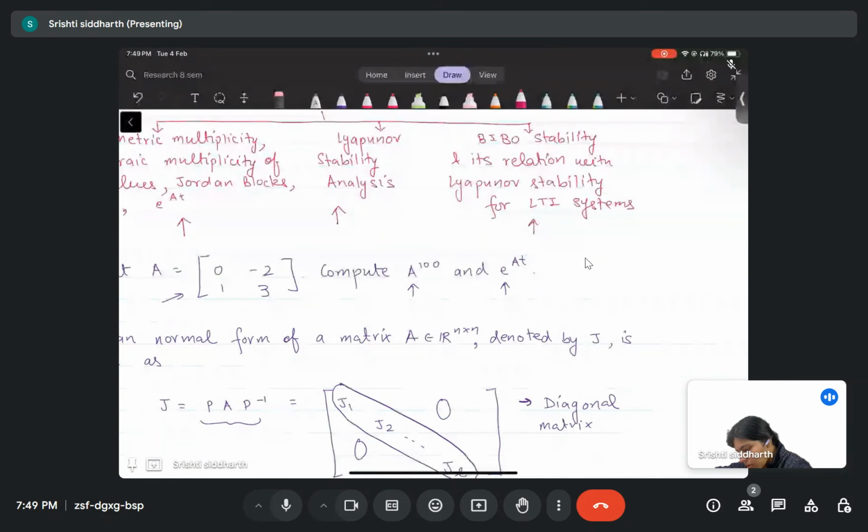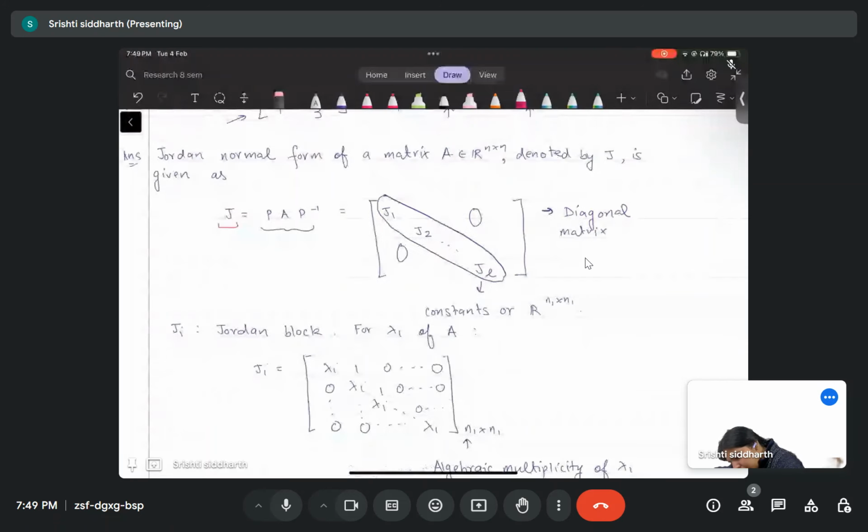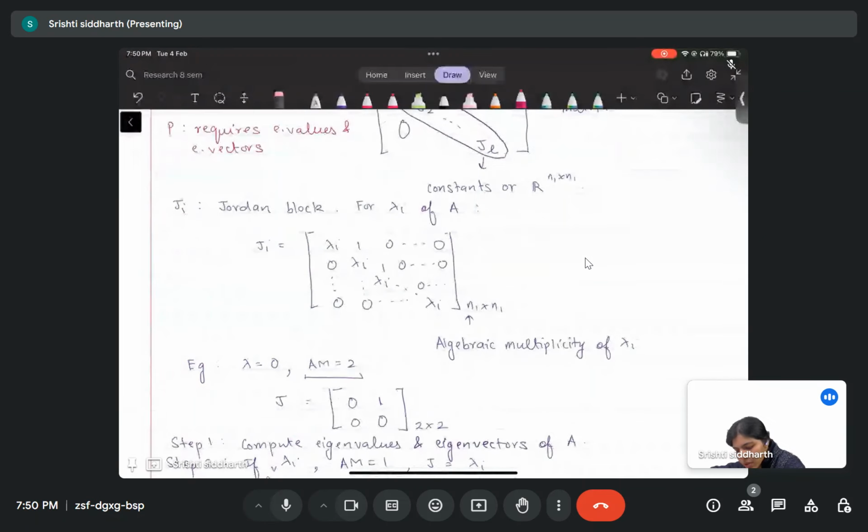So in the first question we saw how to compute e to the power 100 and e to the power 80. So we first computed the J matrix using the eigenvalues and eigenvectors. So how to compute the Jordan block for any lambda of algebraic multiplicity n1.